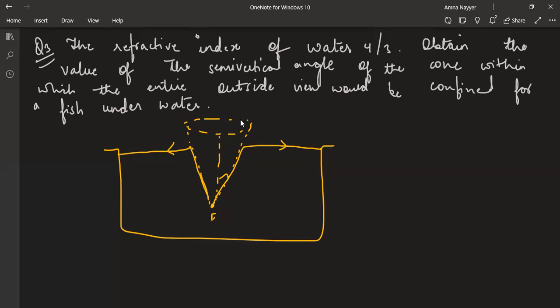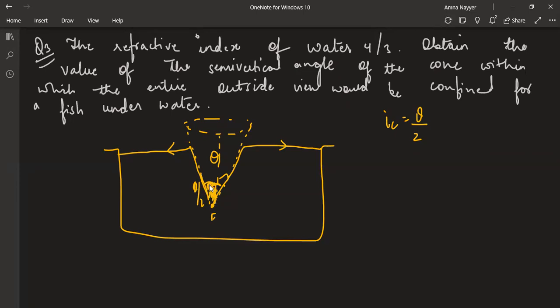Now look here. If this entire angle, let's say, is some theta, so half of it will be theta by 2. And when is this case possible? There is only one condition, that is critical angle. So it means critical angle here is theta by 2. This entire is theta, so this half of it will be theta by 2 only.